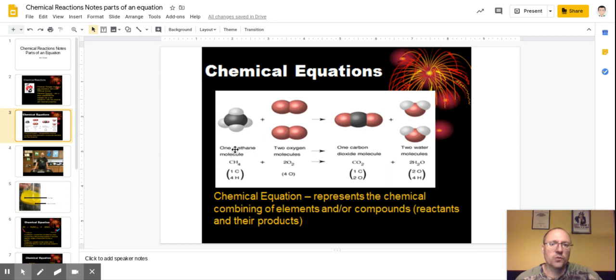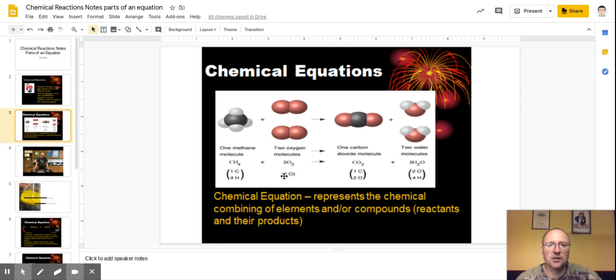Next, we have words where it says 1 methane molecule plus 2 oxygen molecules produces, the arrow is sometimes referred to as produces, 1 carbon dioxide molecule plus 2 water molecules. And then the way that we're going to do this is through chemical formulas inside the chemical equation. So CH4 represents the methane molecule, plus 2O2, which represents the oxygen molecules.